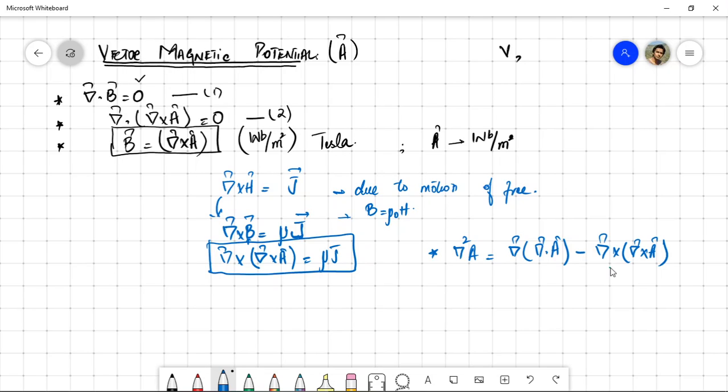We'll write nabla cross nabla cross A is equal to nabla into nabla dot A minus nabla square A. He's going to put this value into this equation, and we'll write this as nabla into nabla dot A minus nabla square A equals mu naught J.